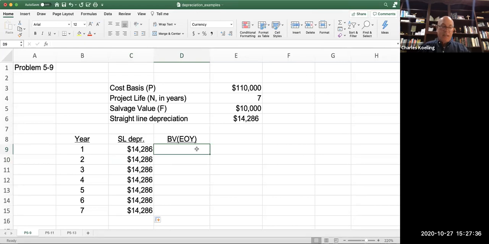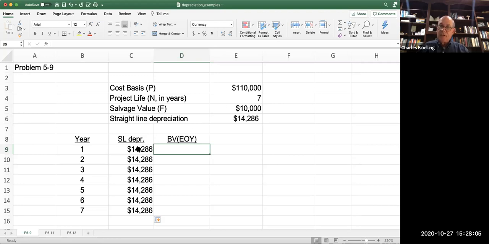And we can calculate, although it doesn't necessarily ask for the book value, in each of these problems we're going to calculate the end of year book value. That's EOY, end of year book value. Year 0, we start with a book value of P, the purchase amount, $110,000.